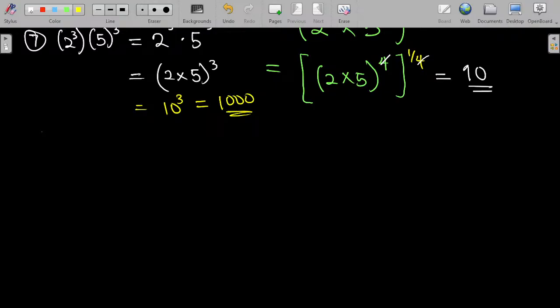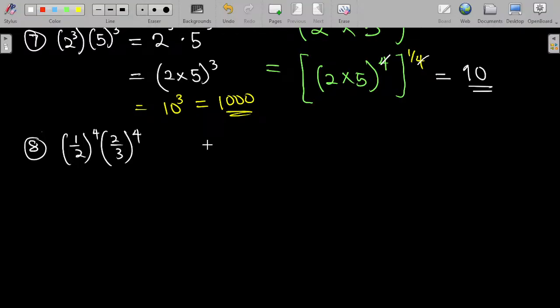Alright, so that's that about that. And then let's go to the next one, which is exercise 8. Exercise 8 is also simple, and I think I'm going to leave exercise 8 as an exercise for you. So here we have 1 over 2 to the power of 4 multiplied by 2 over 3 to the same power of 4.